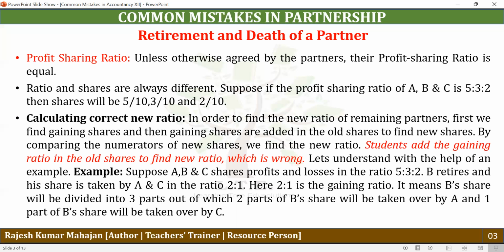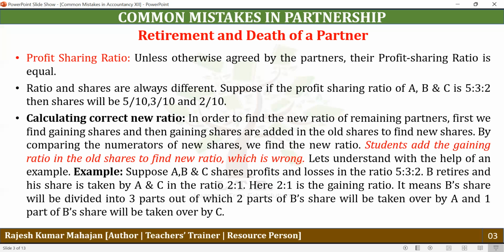Two parts of B's share will be taken over by A, and 1/3 part of B's share will be taken over by C. So here we need to find out the gaining shares of A and C with the help of the gaining ratio.